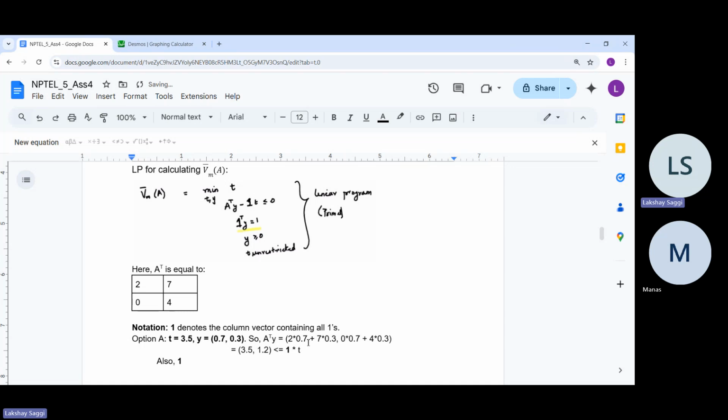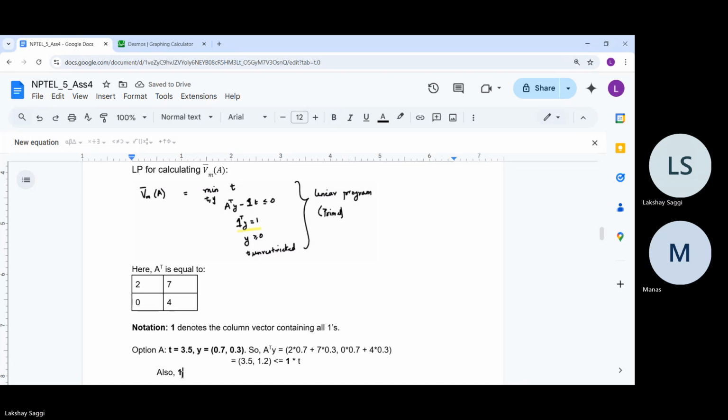So now 1 transpose y will be equal to 0.7 plus 0.3, which is 1. And y is also greater than or equal to 0, because each of the entries 0.7 and 0.3 is greater than or equal to 0.